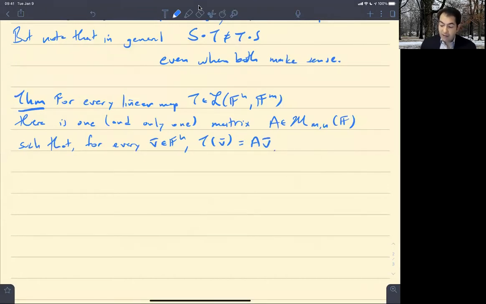Right? So every linear map between Fn and Fm is given by matrix vector multiplication.